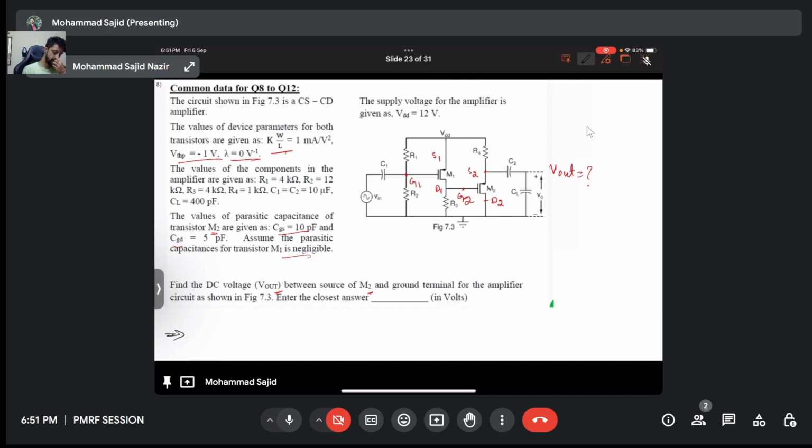Let's start first with VG1, that is the gate bias for transistor M1. Simply, that is R2 divided by R1 plus R2 multiplied by VDD, a simple voltage divider. R2 is 12K divided by R1 is 4K plus 12K, multiplied by VDD.